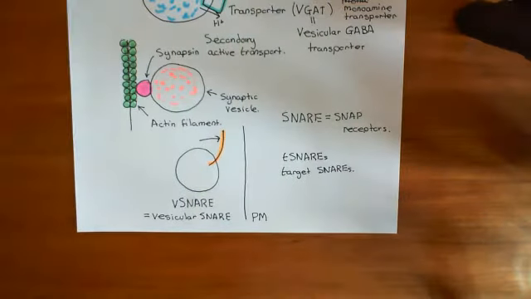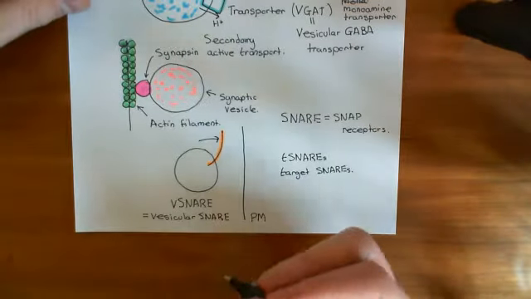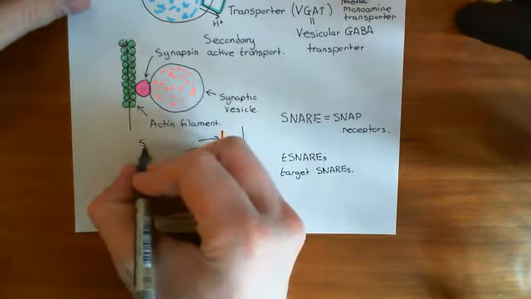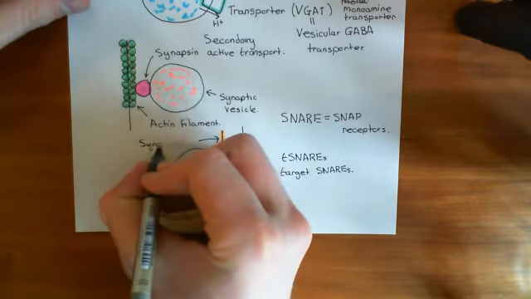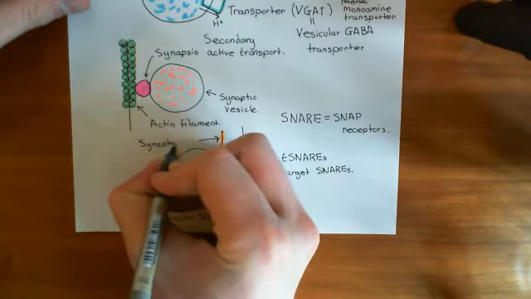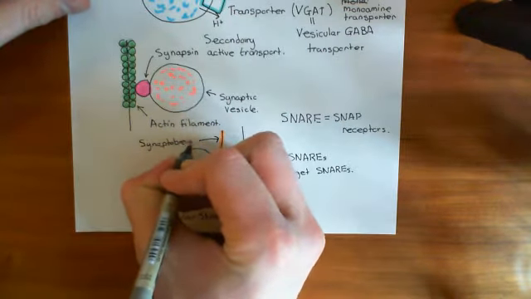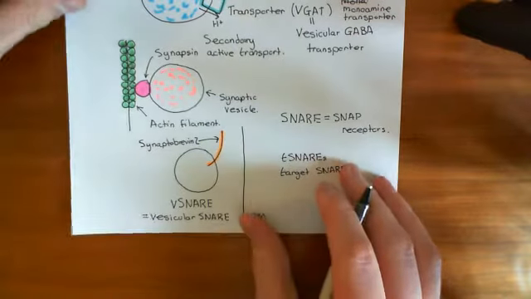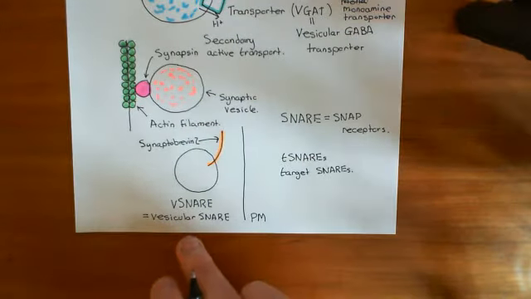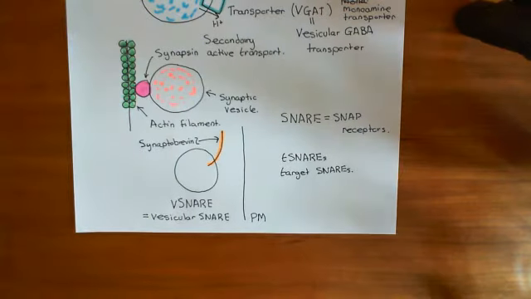However, you will often hear people just refer to this as synaptobrevin. It's not essential knowledge that you know there's the 2 afterwards. So synaptobrevin 2 is the V-SNARE, the SNARE protein in the membrane of the vesicle.